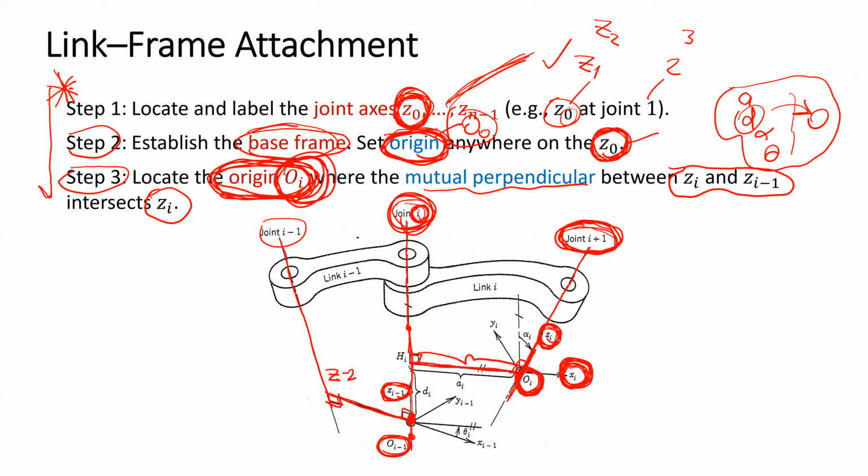How about the origin of the other frames? The origin of the other frame is the position where the mutual perpendicular between Zi and Zi minus 1 intersects with the Zi.